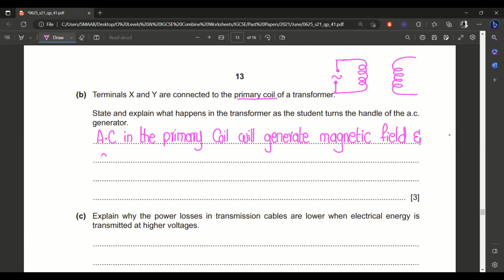And due to change in magnetic field lines, because we discussed the condition of parallel and perpendicular condition.